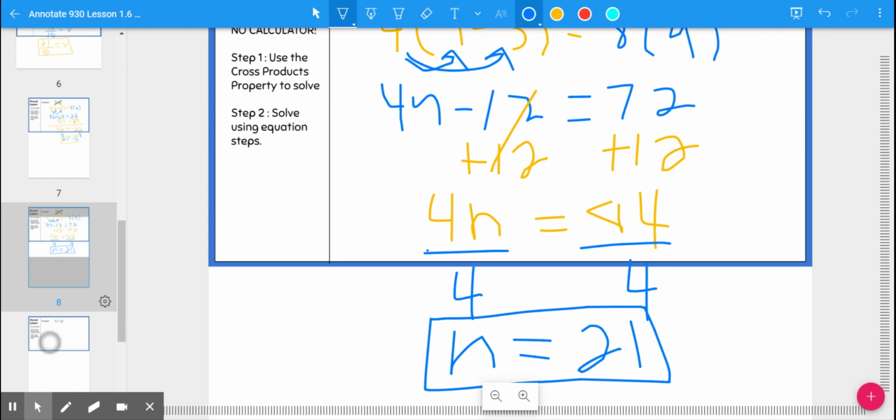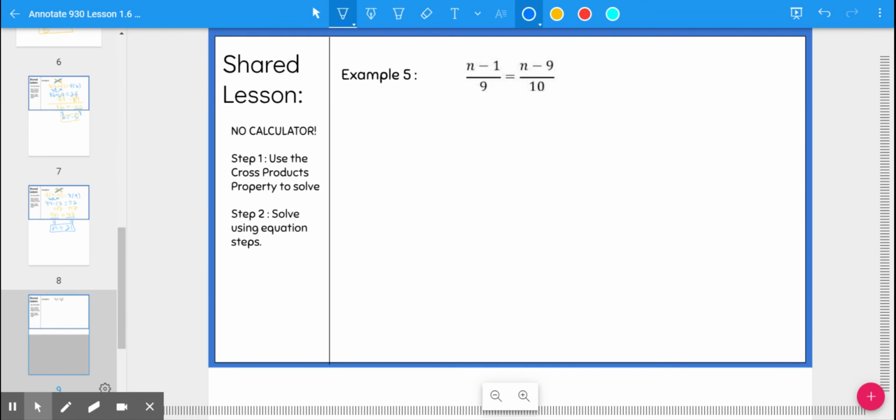All right, we have our last example coming up on slide 9. So we have (n minus 1) over 9 is equal to (n minus 9) over 10. So same exact steps here. We're going to find the product of the means.